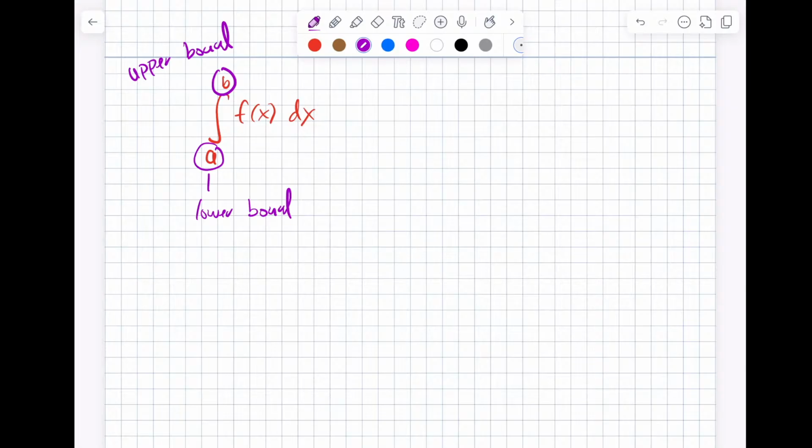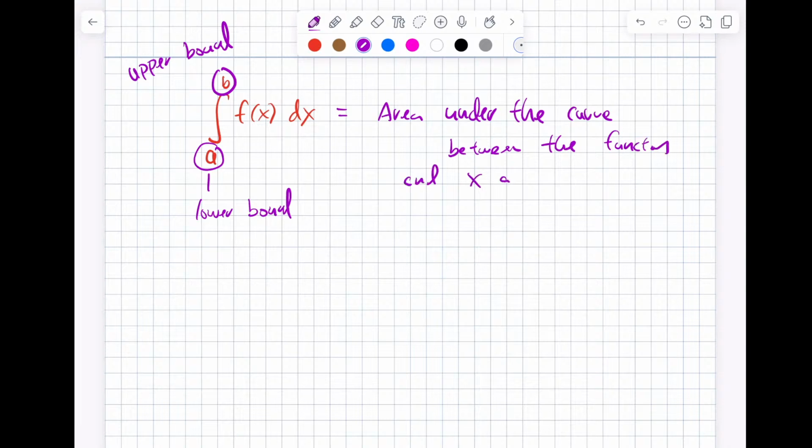Next week, we're going to learn that this is equal to f of b minus f of a. But right now, this just means the area under the curve, which is between the function and the x-axis.